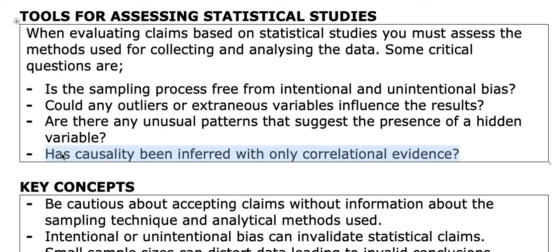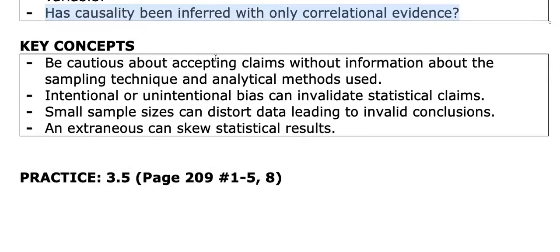Based on the different types of relationships that we can have in a correlational study learned in section 3.4, we've realized that correlation does not imply causation, and that we have to be very careful when we make those claims to ensure that that is actually the direct cause.